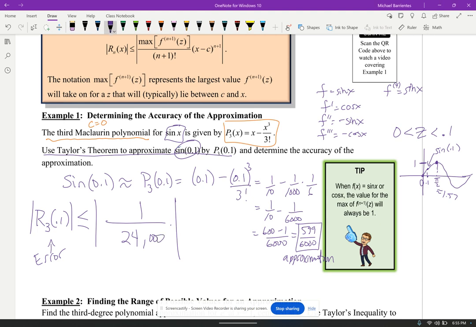I don't know why. 1 over 24,000. That is the error that I can guarantee that my approximation is good for. That accuracy. It has to be off by no more than 1 over 24 thousandths. And that's a pretty good approximation.